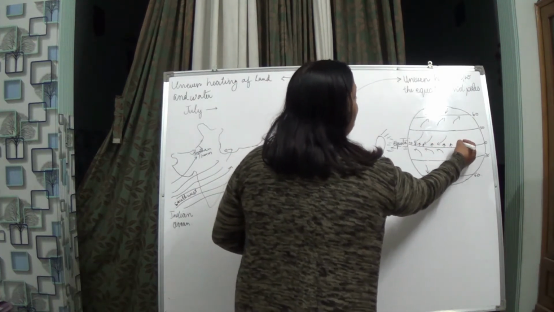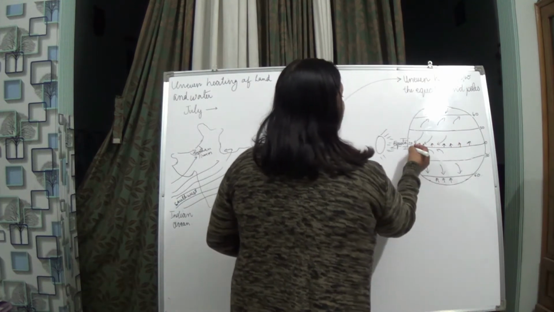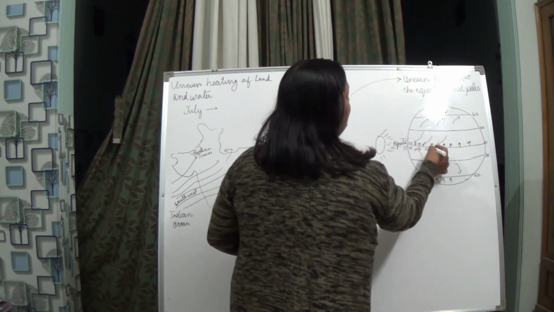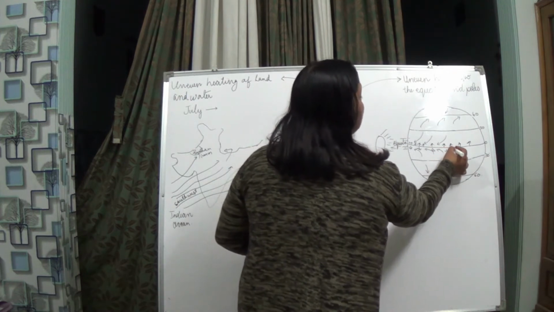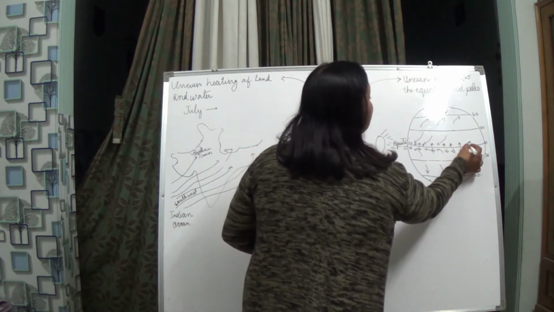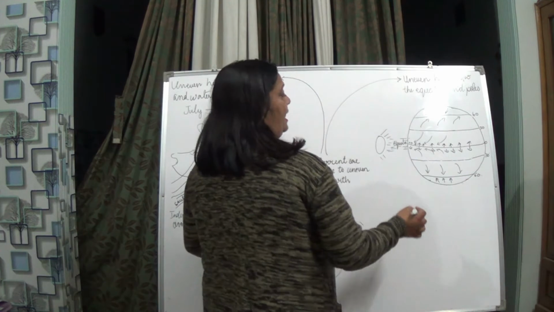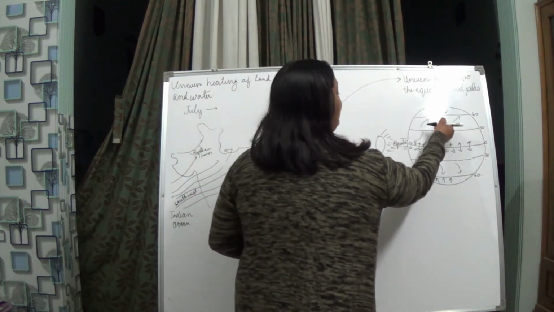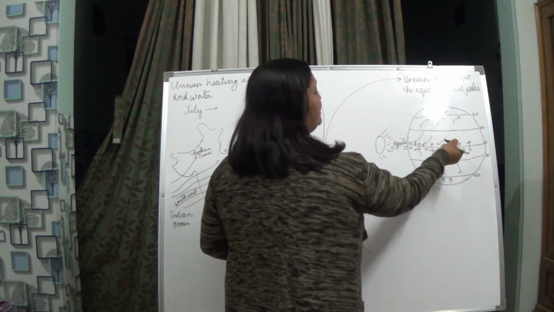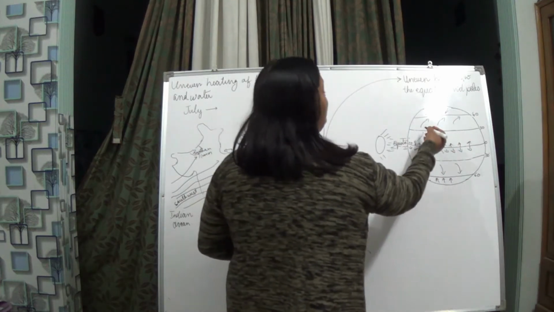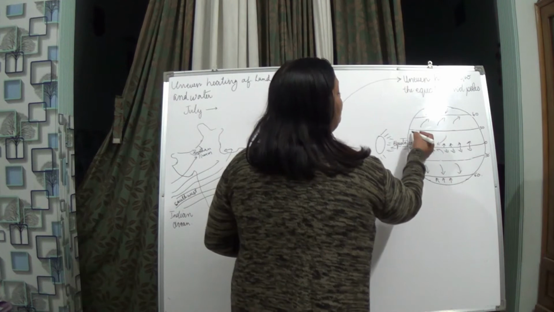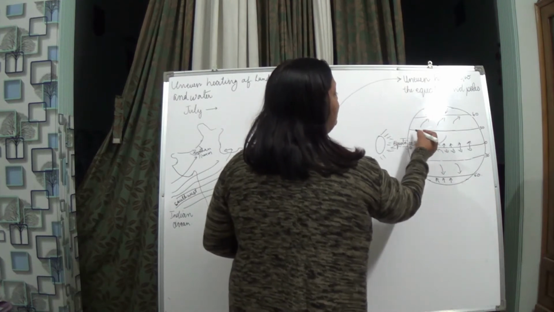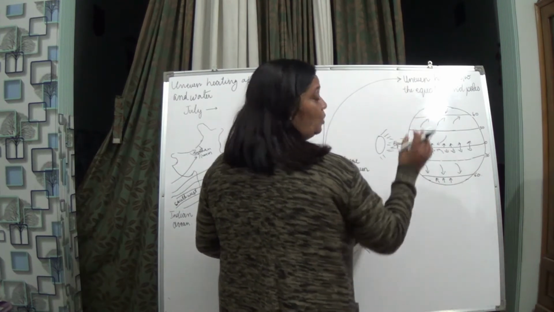Here it moves up, and from here it moves down, thereby leaving this area and creating a low pressure in this area. The layer of air above it at 30 degrees is cooler.